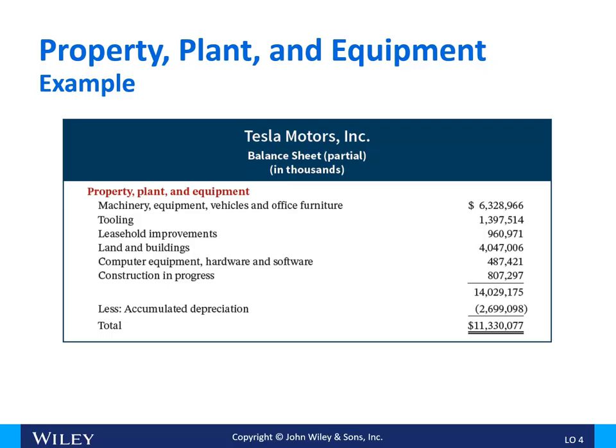And then we have accumulated depreciation. So in this presentation, even though we will have separate accumulated depreciation accounts for the different categories, they're showing it on the balance sheet as just a total of accumulated depreciation, and then they get their net property, plant, and equipment, or net PP&E, shown there.